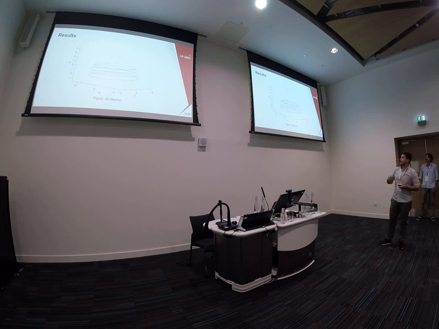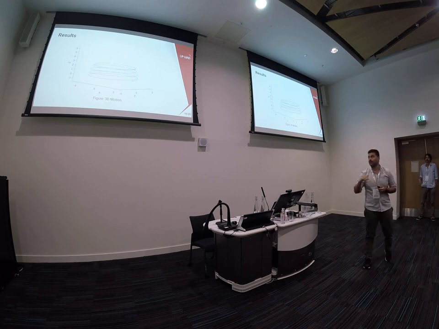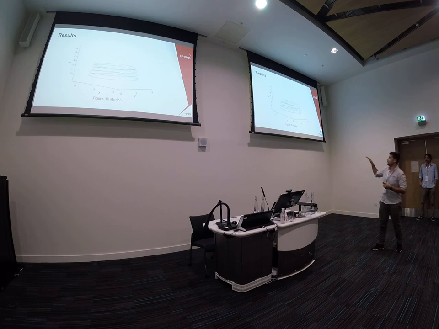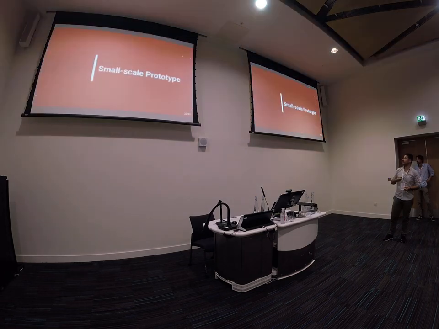In the future work, we might think of a way of adjusting the kite in order to take off and maintain the radius of that circle. We have some ideas, maybe in the next conference we will have the results for that.